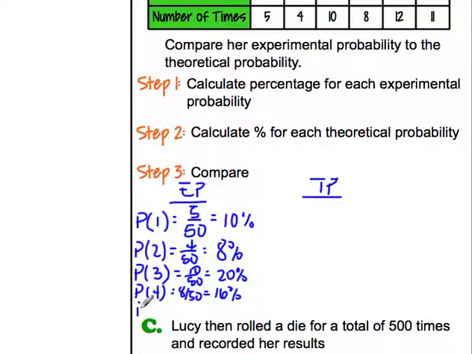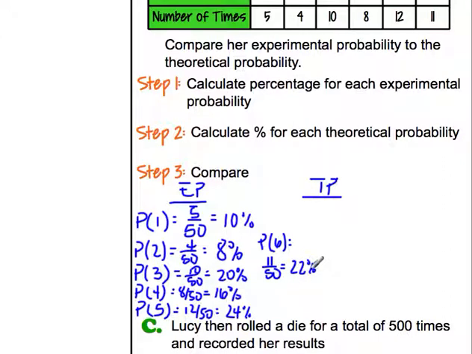The probability of getting a 5 is 12 out of 50, which is 24%. And the probability of getting a 6 is 11 out of 50, or 22%.